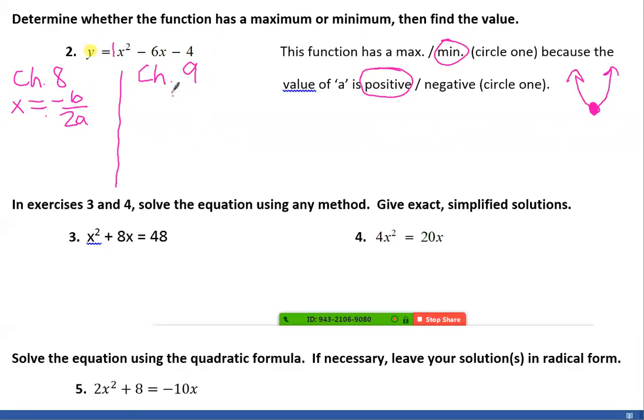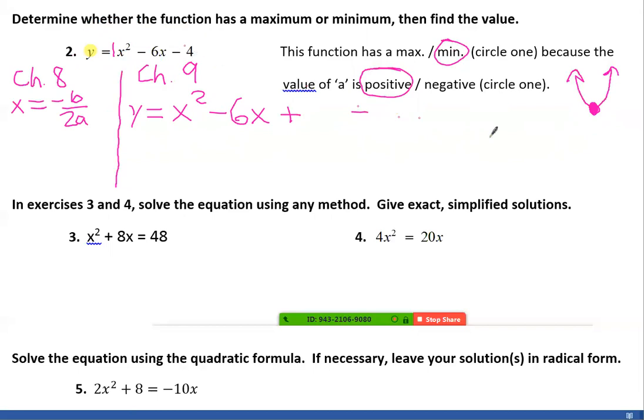The chapter 9 perspective would be, well, if we want the location of the vertex, why don't we just convert standard form to vertex form? And you do that by completing the square. So y equals x squared minus 6x. Okay, now I'm going to add something and I'm going to subtract something.